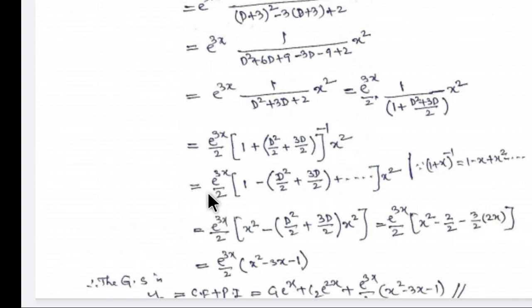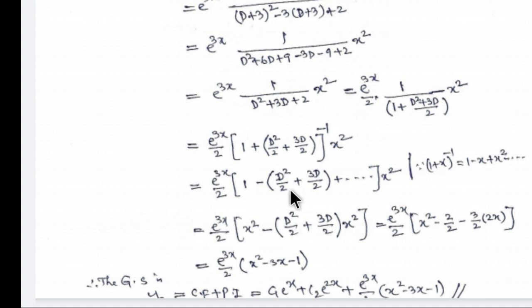Using binomial expansion, you can expand. Expansion is to be carried out up to the term containing d square, because all the higher derivatives of x square become 0.